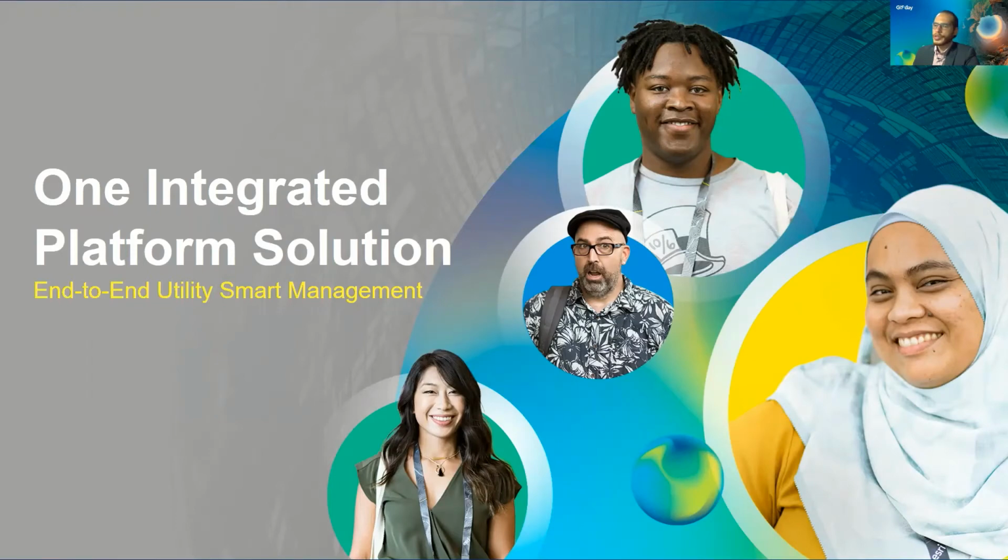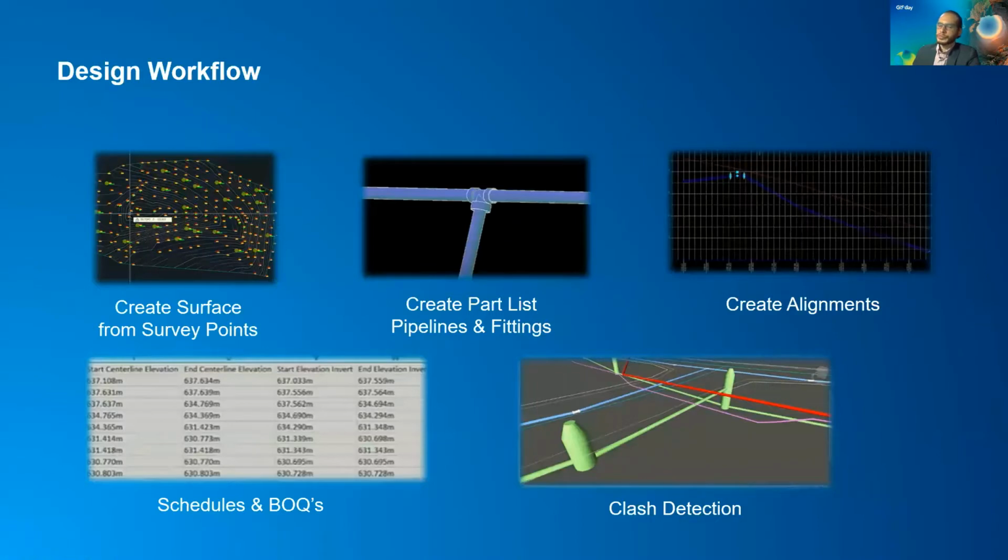So we are proposing a one integrated platform solution, an end-to-end utility smart management system using both BIM and GIS. In the design workflow, of course, we need to create a surface from survey points, because our utility networks need the information of the surface that is underneath.